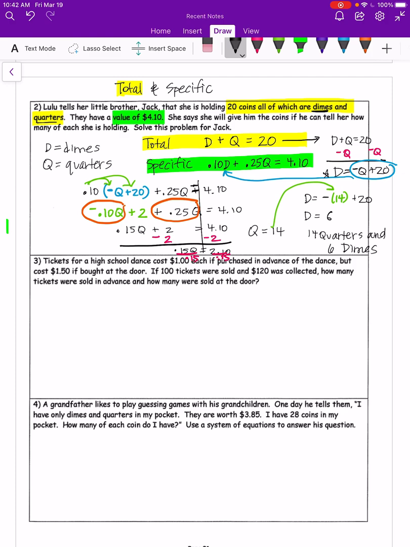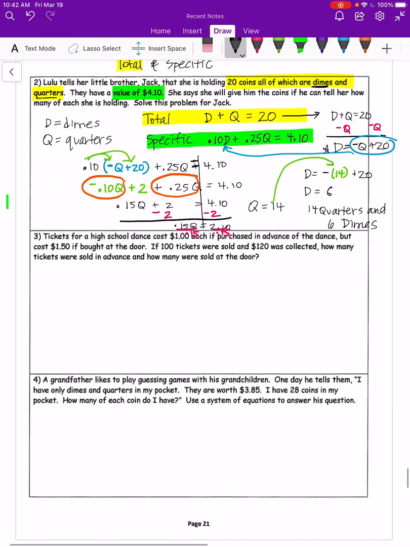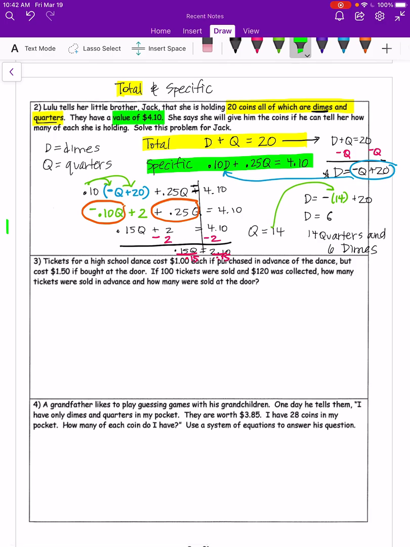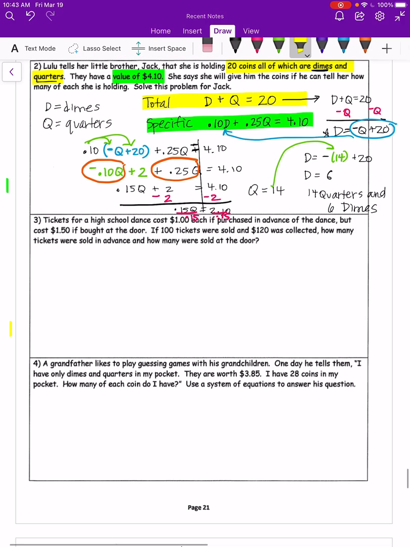Okay, I'm going to set one up really quickly again on this total and specific, so you kind of have an idea. And I'm not going to take time to solve it though, okay? So it says tickets for a high school dance cost $1 each if purchased in advance of the dance, but $1.50 if bought at the door. If 100 tickets were sold and $120 was collected, how many tickets were sold in advance and how many were sold at the door?